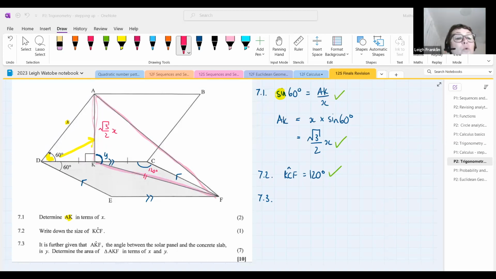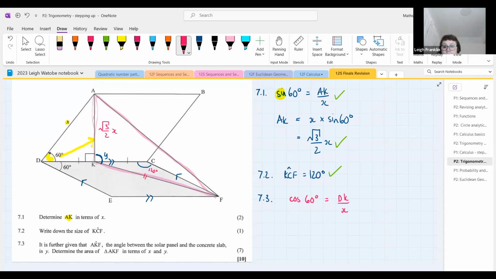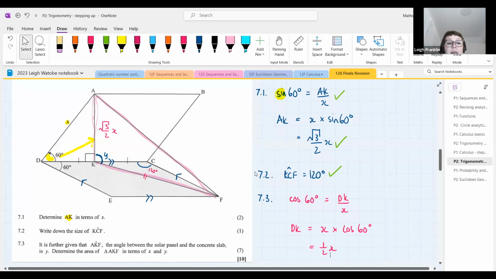We're going to start off in triangle AKD. We need the length of DK. So we can say that the cos of 60 is equal to adjacent, which is DK, over X. So if we want to make DK the subject of the formula, DK is equal to X times the cos of 60, and we all know that the cos of 60 is a half. So DK is half X. Is everybody happy with that?